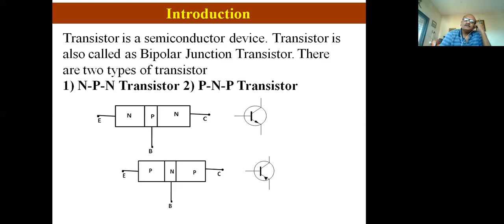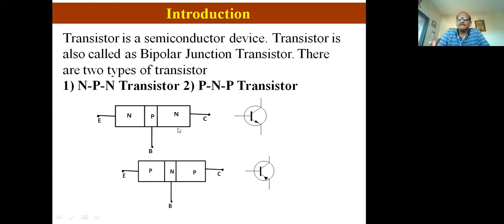When we see the construction of a transistor, this is the NPN transistor and this is the PNP transistor. In an NPN transistor, P-type material is sandwiched in between two thick N-type materials.